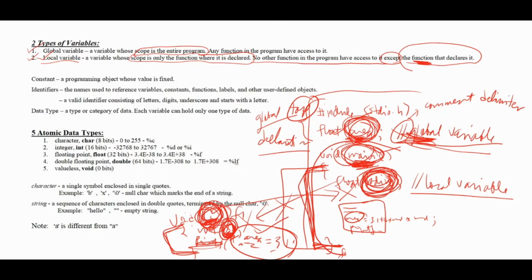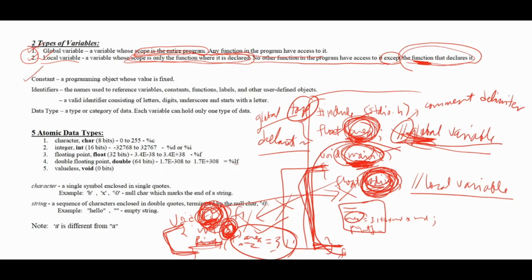So when F1 is not executed, local variable x is not active or not existing. So again, to summarize, for global and local variables, one difference is that for a global variable, the scope is the entire program. It exists for the whole program and all functions have access to it, while for a local variable, the scope is only the function where it is declared and only the function that declares it can use it.